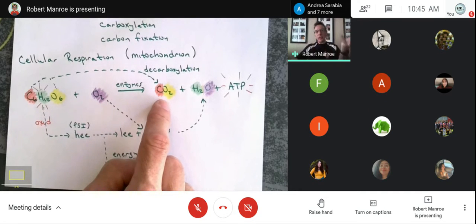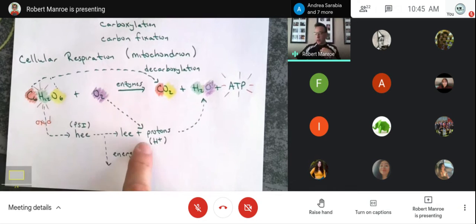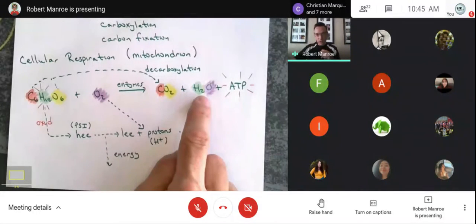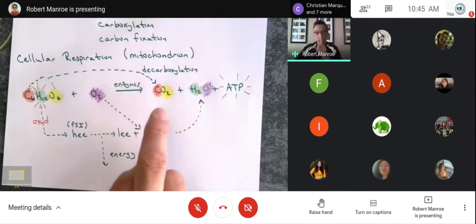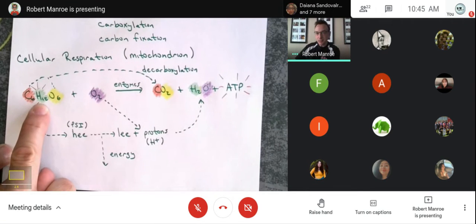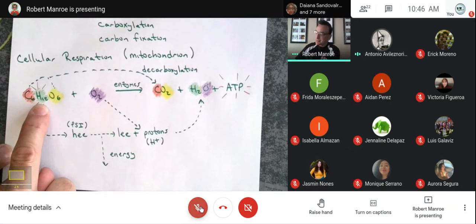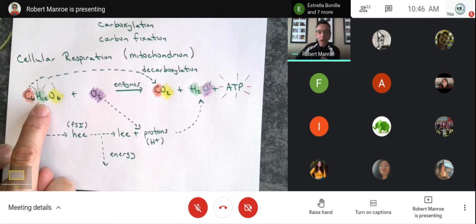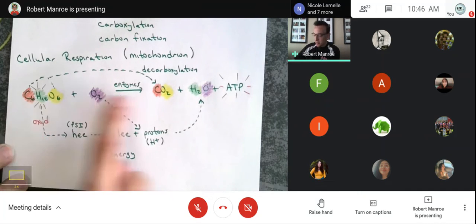Okay. So understand that we breathe in oxygen, goes into our mitochondrion, that forms water. We then breathe out CO2. This is cool. We breathe out CO2. Where does CO2 come from? Our food. The food that you eat, okay? The food that you eat, you then breathe out carbon dioxide.